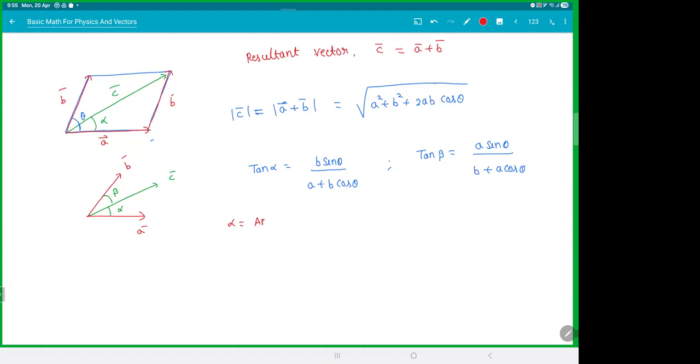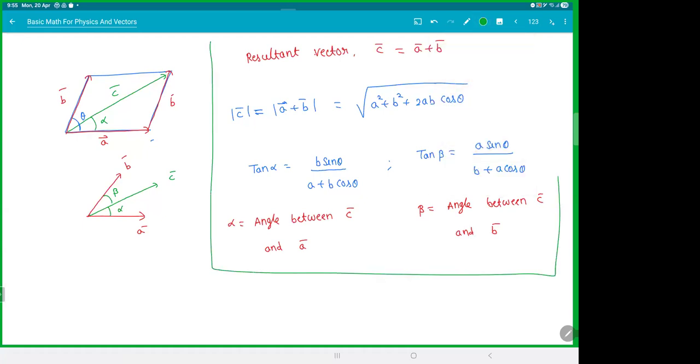Alpha is the angle between the resultant C bar and A bar. Beta is the angle between the resultant, that is C bar, and B bar. This much you should know. So these are the main formulas to remember: the magnitude and the angles, that's it.